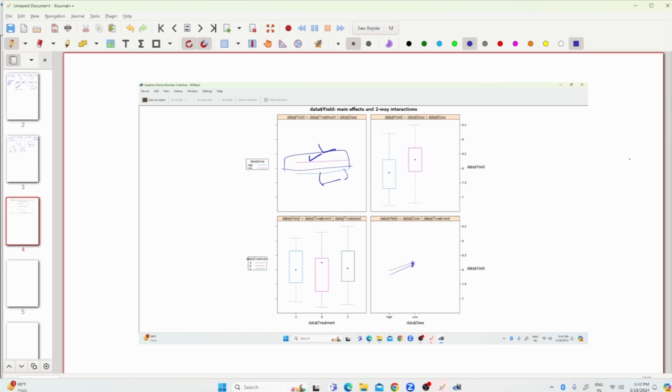This is two-way ANOVA and this is the interaction effect I am trying to tell you. It is not an additive effect. The effect is not the same for high and low. For high, the effect is more, the difference of effect, not the value of effect. Please understand, there are two things.